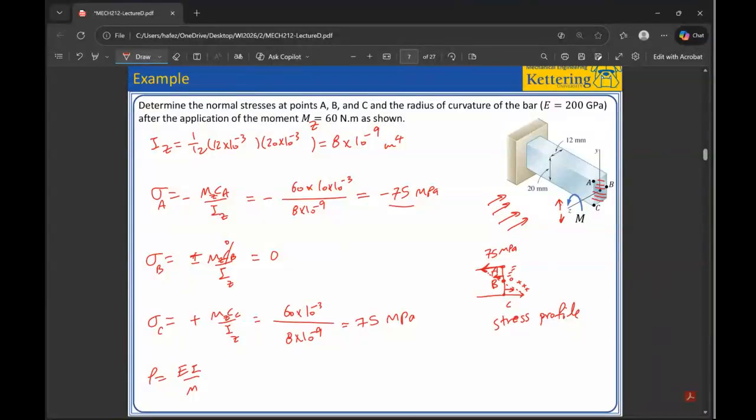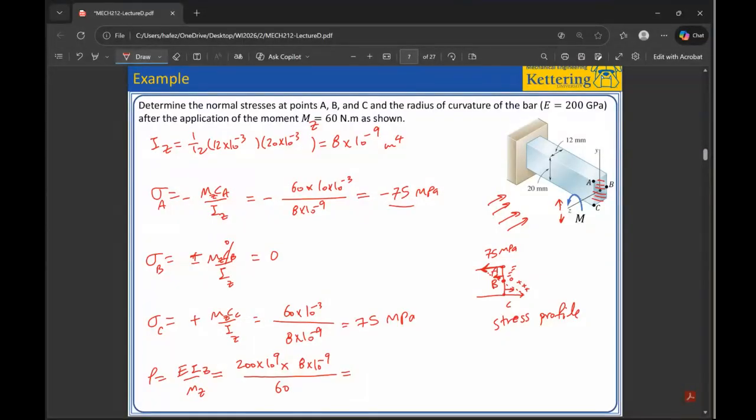All right, so we have this, and then rho, just calculate this. 200 times 10 to 9 is the E value, and I, again, I and M get the same subscript, all about Z. 8 times 10 to negative 9, and M about Z is 60.